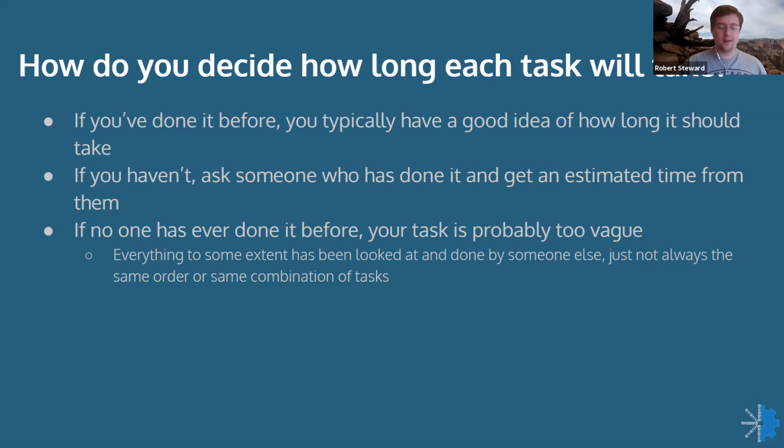So, for example, we could say a task is to build a robot that's meant to explore the furthest reaches of space. And it's like, well, great, nothing has ever done that before. But we do know that there are robots that have gone and traveled long distances in space.